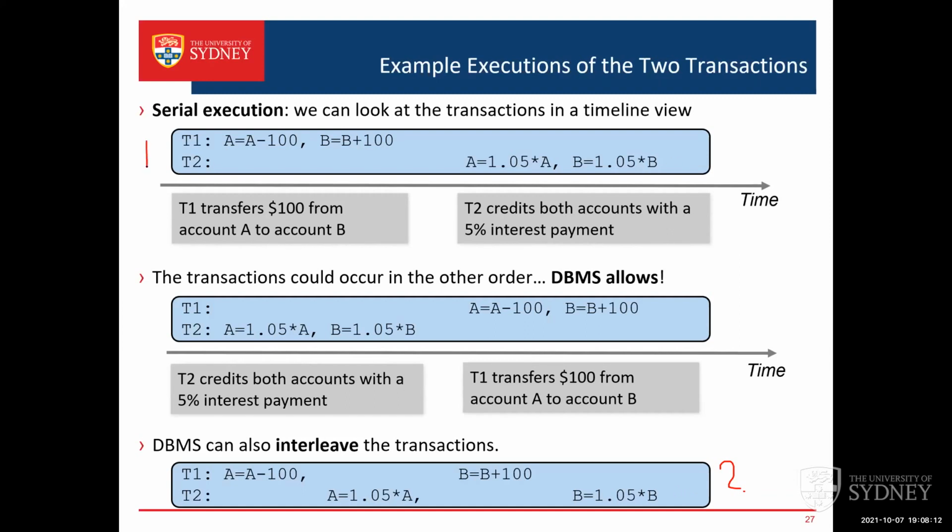Let's say this one is 1, this one is 2, and this one is 3. I'm asking, is number 3 a serializable schedule? If yes, then it is equivalent to which one, 1 or 2?